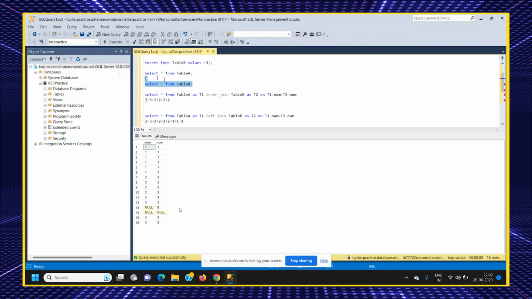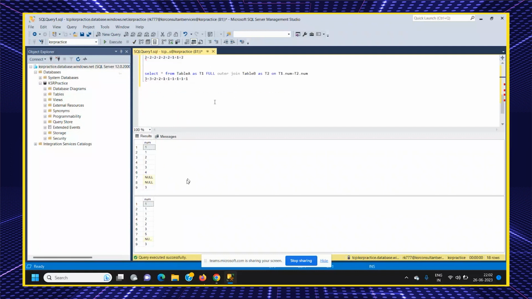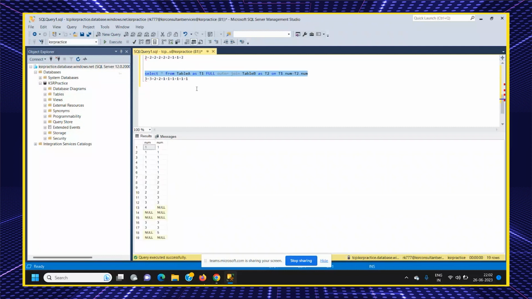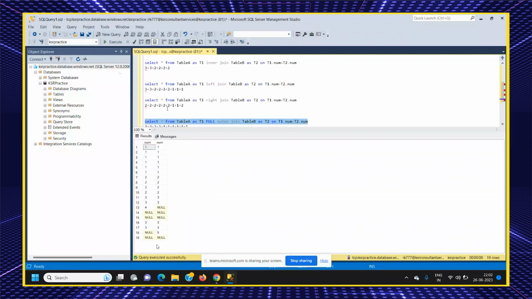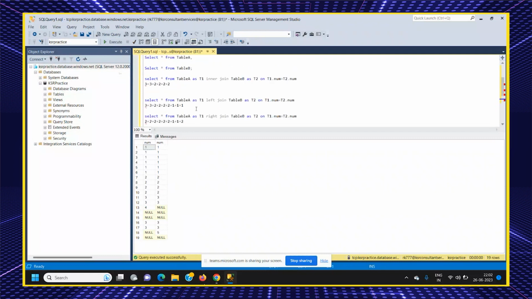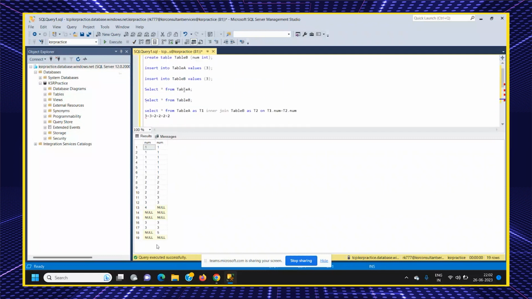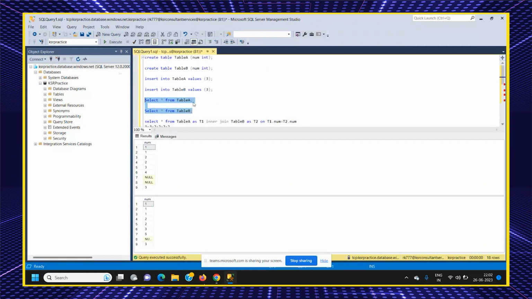And in case of full outer join, let's see how many records we have. All the similar records and non-similar records would come into picture in a full outer join. So it would be a total of 19 records. How would it calculate? You take all the similar records first.